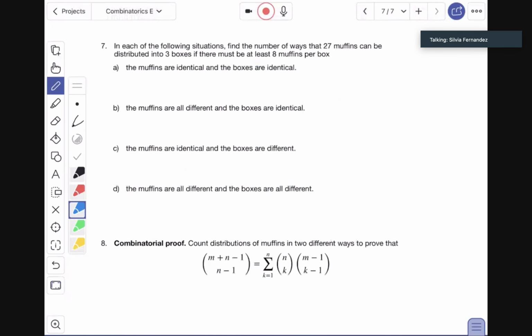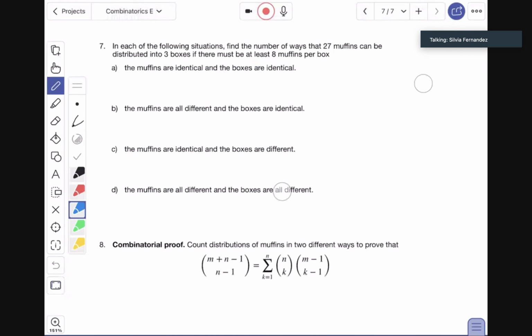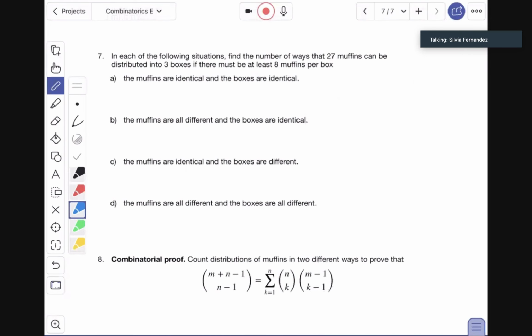In each of the following situations, find the number of ways that 27 muffins can be distributed into 3 boxes, but there must be at least 8 muffins per box. So let's see. I have 27 muffins.